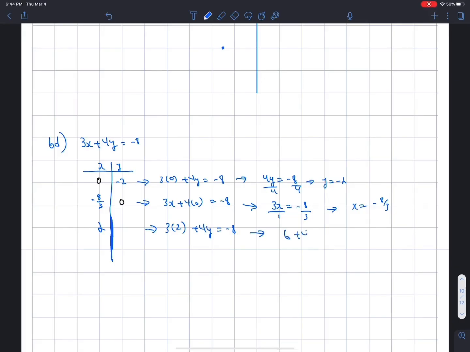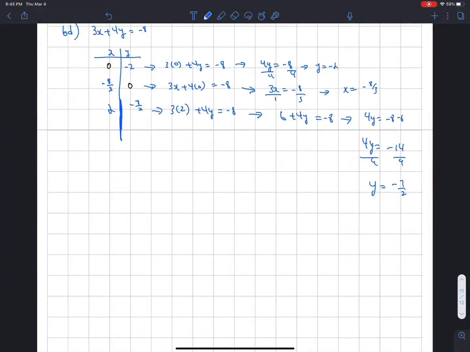So 6 plus 4y equals -8. 4y equals -8 minus 6. 4y equals -14. And then dividing both sides by 4, we get y equals -7/2. So it's not as ugly compared to the last point, right? Just -3.5. Still pretty easy to estimate here.